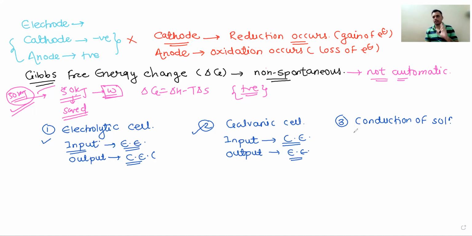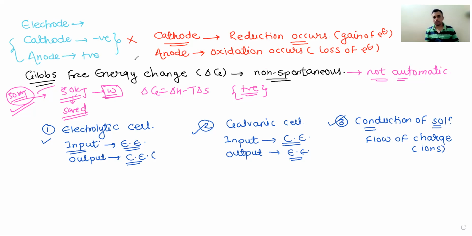The flow of electrical energy is there, and that's why the appliances work. So conduction of solution is generally done by the flow of electrons, that is, the flow of charge or ions. We are going to study that particular thing. These are the three important parts of our electrochemistry terminology.